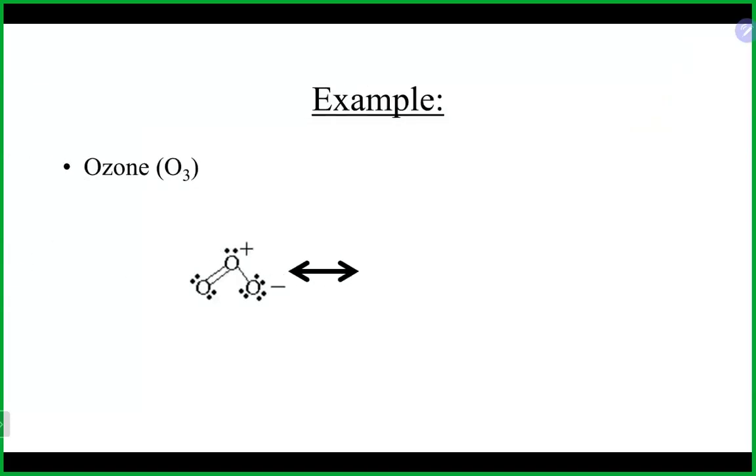So some of the ones that we took a look at earlier, here's ozone as an example of that. You don't have to worry about the pluses or the minuses there, but ozone looks like this. And you can have a double bond there on the left. You also can have a double bond on the right here.